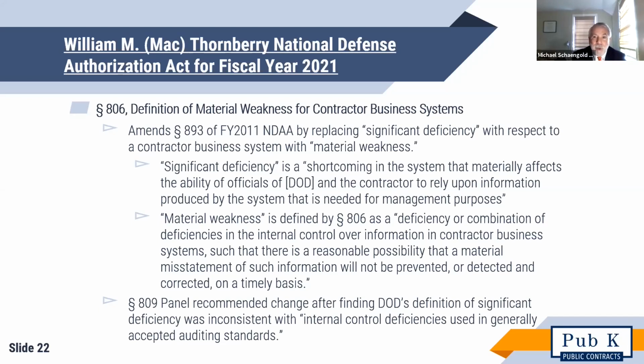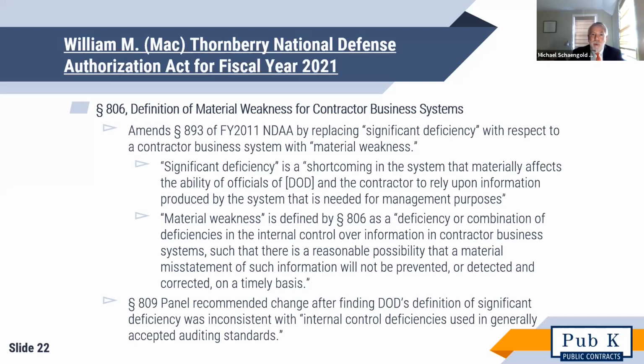provides that material weakness means, quote, a deficiency or combination of deficiencies in the internal control over information in contractor business systems, such that there is a reasonable possibility that a material misstatement of such information will not be prevented or detected and corrected on a timely basis.